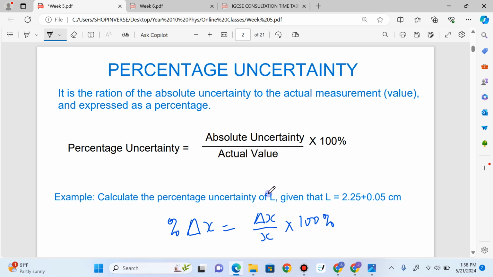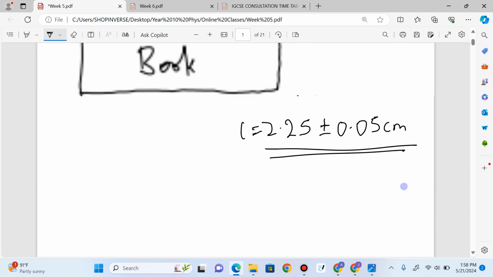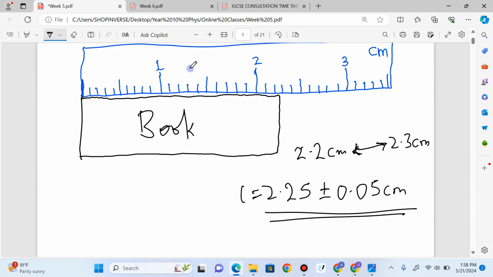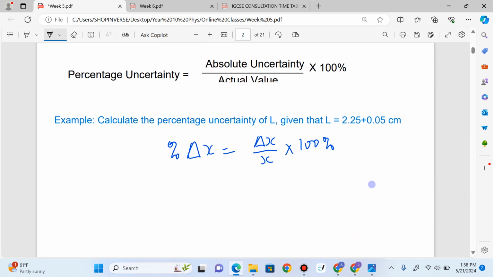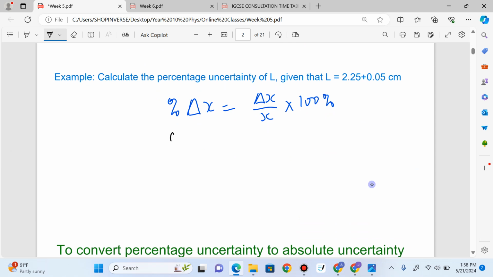Calculate the percentage uncertainty of L, given that L equals 2.25 plus or minus 0.05. So let's assume in this case, we measure the length of this book to be 2.25 plus or minus 0.05 centimeters. If you want to express this uncertainty as a percentage, this is the formula we use: percentage uncertainty in L equals absolute uncertainty in L divided by the actual value of L multiplied by 100%.